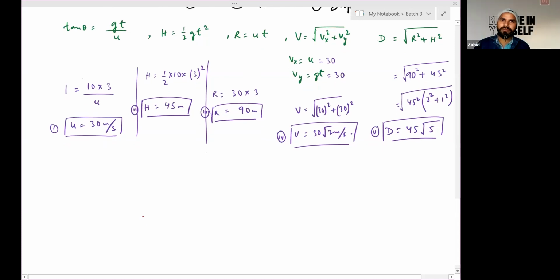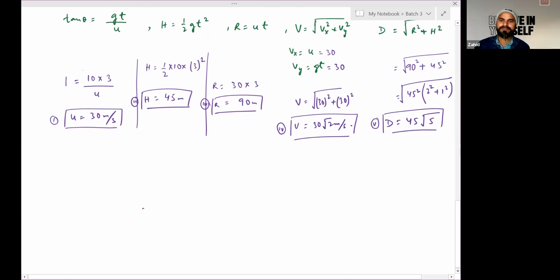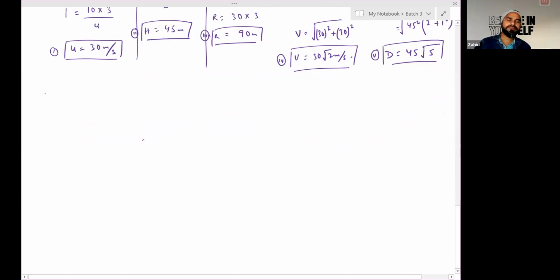I'm giving you one more problem related to this. Suppose there is a stair, and the height and width of each step is h and w.